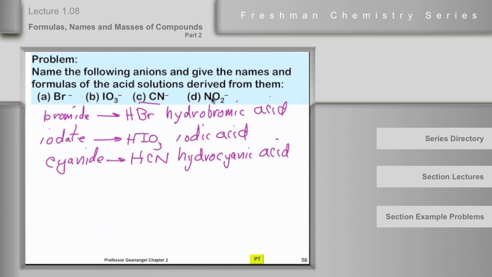All right. Last one is NO2 minus. Somebody tell me what the name of NO2 minus ion is. Nitrite. Good, good. You're learning the anions, and you'll be learning the acids quickly.